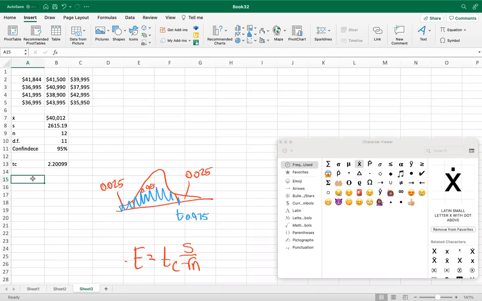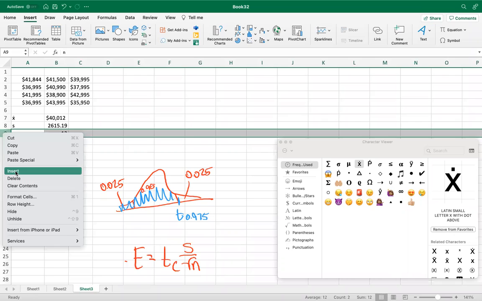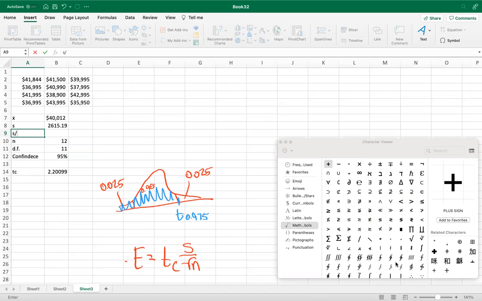So now in order to find E, we just have to find these values right here. So s, and what we could do is shift these down so that we could have s divided by the square root of n. Do we have a square root sign? I think we might have a square root sign. Let's look for it.